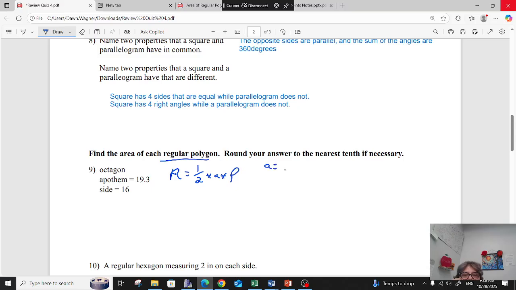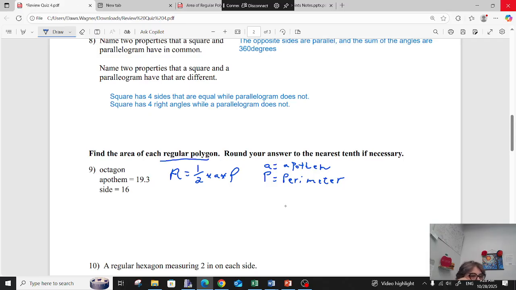A stands for apothem. And what's P? Perimeter. Right? Apothem and perimeter.